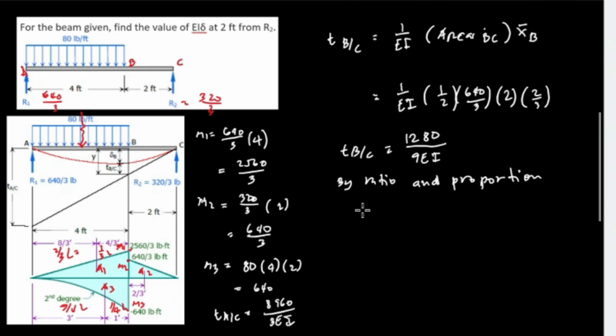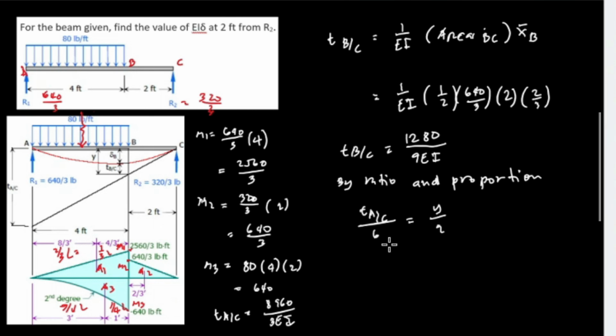So this will be T of AC over the length of AC, that's 6 feet, is equal to the ratio from B, that's Y all over the distance from B to C, which is 2.